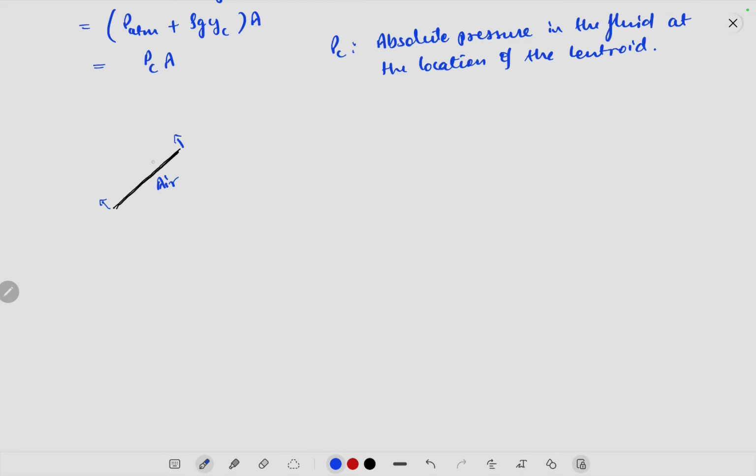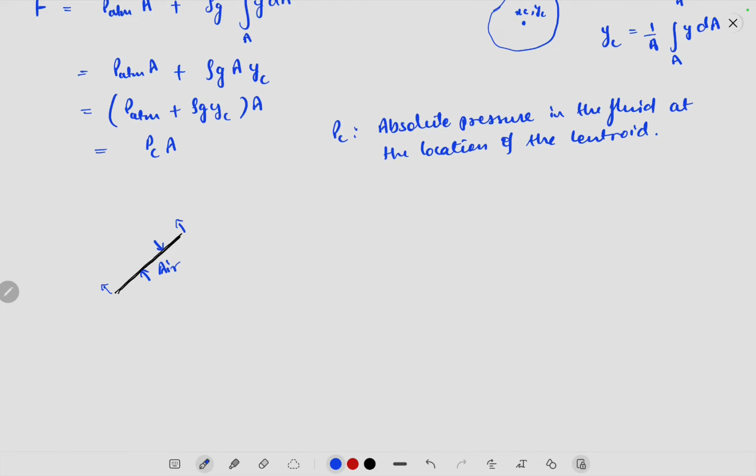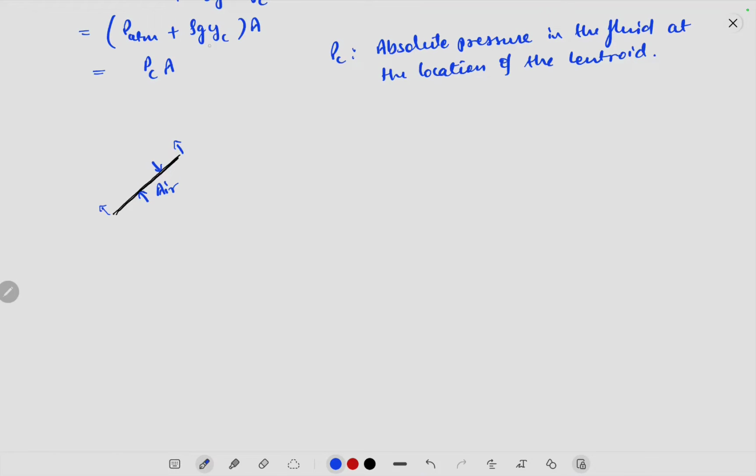So what would happen? P atmospheric would act from this side as well as from that side, and that's why the net force will be just because of rho g yc times A. So in that case we can simply write F net equal to rho g yc times A, where A is the area of this body.